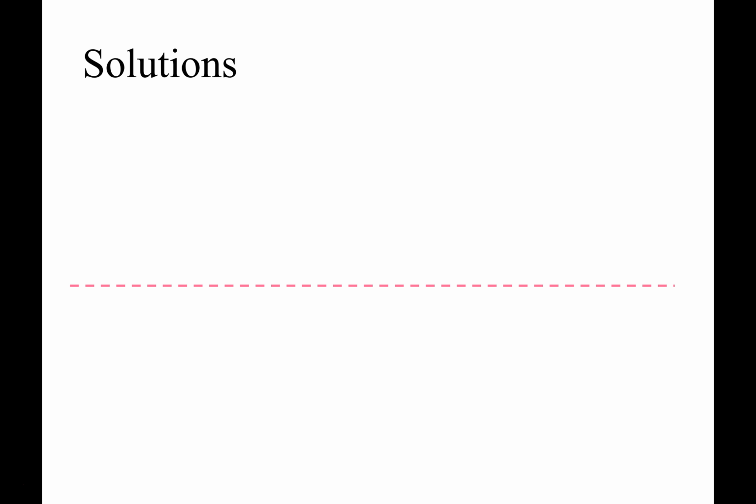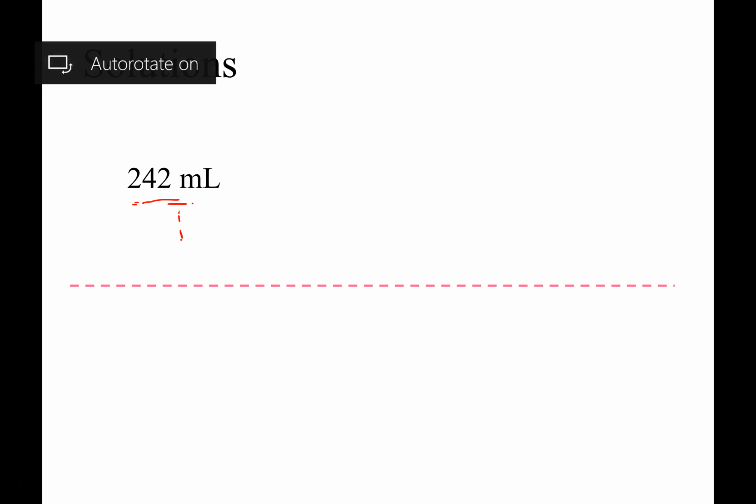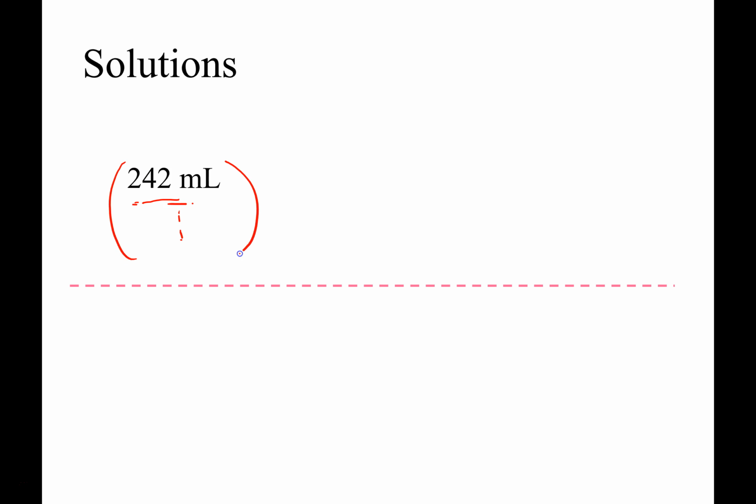So to work our first problem, like I said, you're going to put your 242 milliliters over 1. That's going to be your first term. Now, in this case, I know that I want milliliters to cancel, and I'm going to be left with grams. Sometimes I'll even put the units in my conversion factor, which is not really a conversion factor, it's density. I want to put milliliters down here and grams up here.